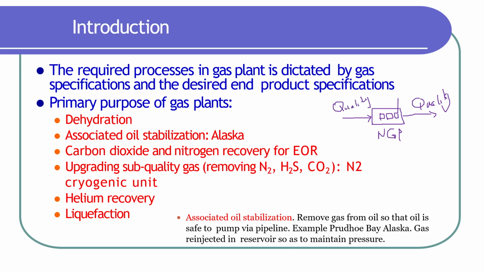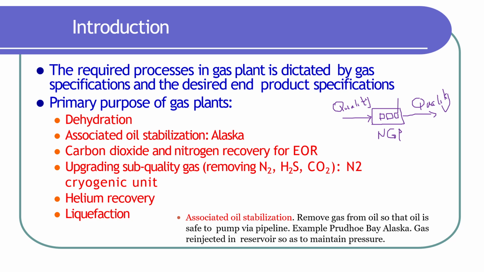So I will determine what kind of gas processing I need based mainly on one thing, which is the quality of the gas that I want to produce, or the desired quality of the gas and the product. But also the composition of the gas and the condition of the gas at the inlet of the natural gas processing plant is an important parameter to determine what kind of process I need to do.